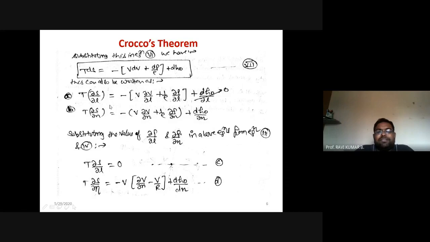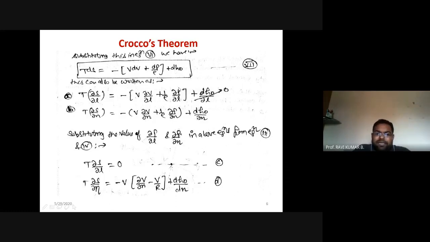Along the streamline direction this is equal to v ∂v/∂L plus 1 by rho ∂p/∂L. And as I said, the total enthalpy along the flow direction is the same, so there will be no change in dh naught along the flow, so this second term is going to be 0. Now perpendicular to the flow direction, I can write T ∂S/∂n is equal to a similar bracket term: ∂V/∂n plus 1 by rho ∂P/∂n plus ∂h naught/∂n.